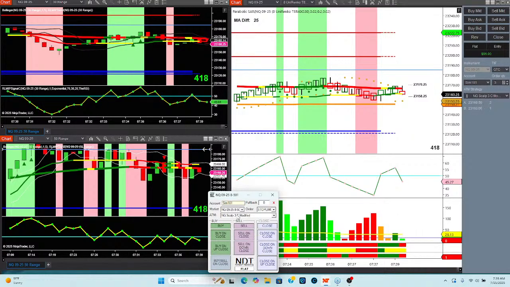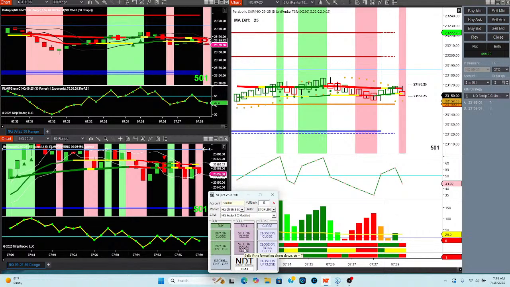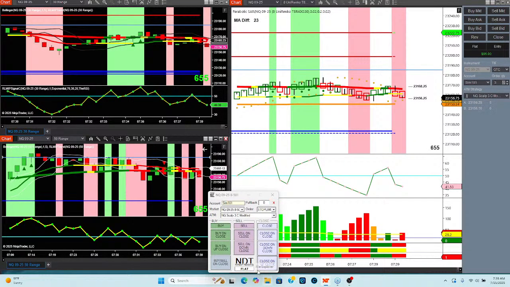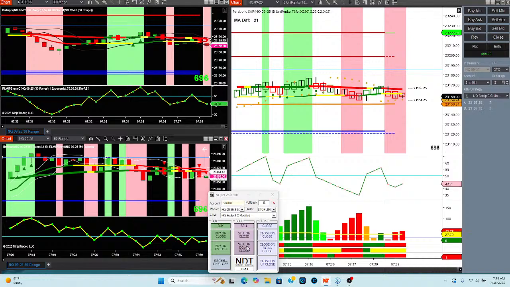The problem with doing a scalp like this is your risk reward is not where I like it to be. That's the only thing I don't like about it.